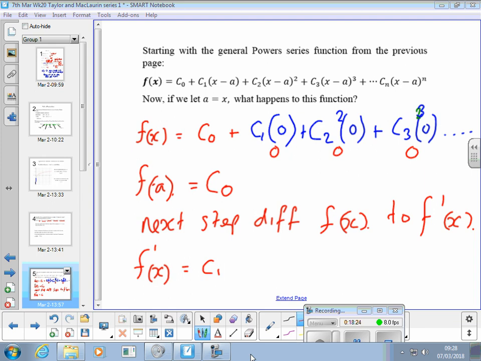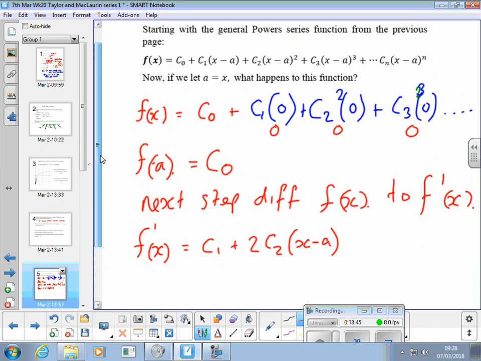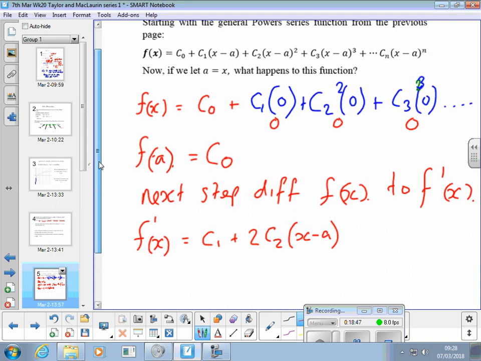Differentiate a squared term, we get 2 times c2 times (x minus a). We're differentiating the function at the top, remember.